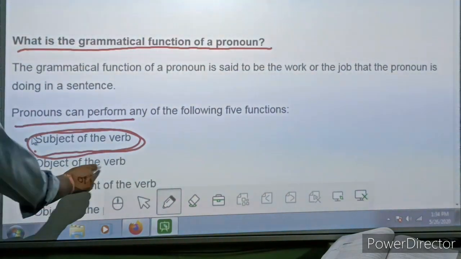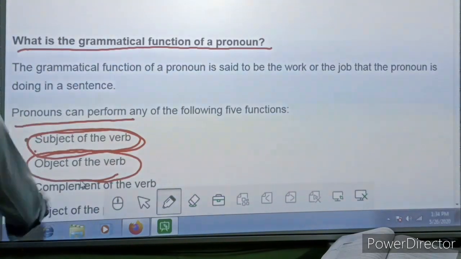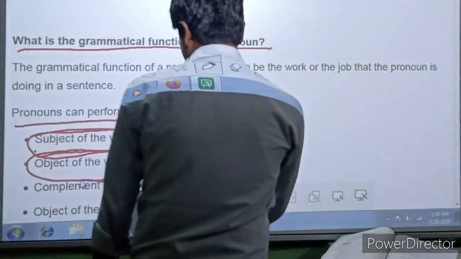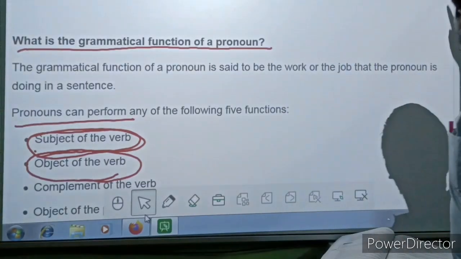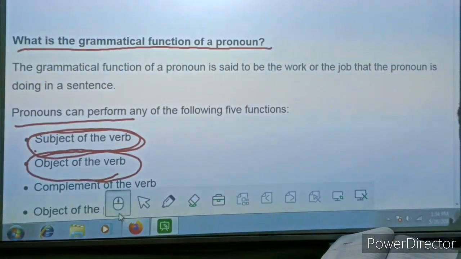Below it, you can see a pronoun is used as the object of a verb, and also as a complement of the verb, even after the verb. It can be used as a complement, an object of the verb.